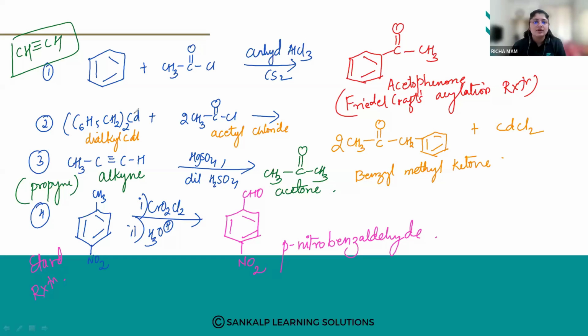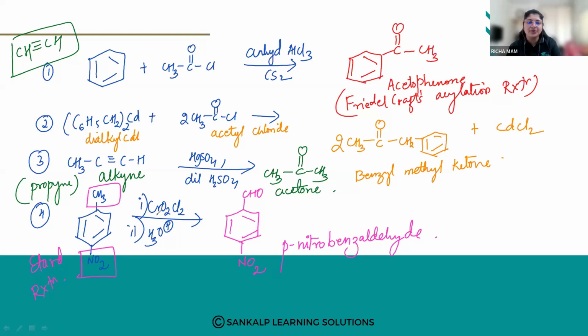See here, we have seen the Etard reaction in the previous class. What is the Etard reaction? We are doing it only for the preparation of aldehyde. Here we are taking a methyl substituted benzene. This other group is just on the side and will not affect anything. We should see only this methyl carbon.